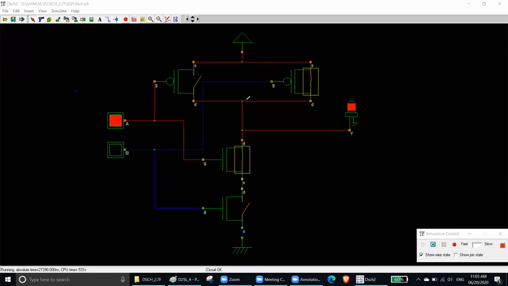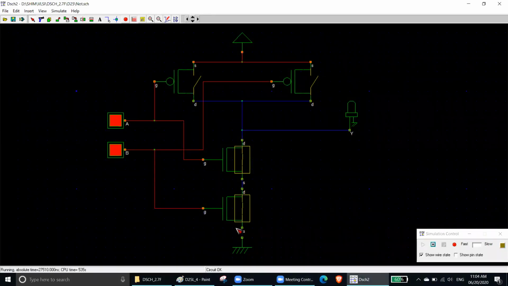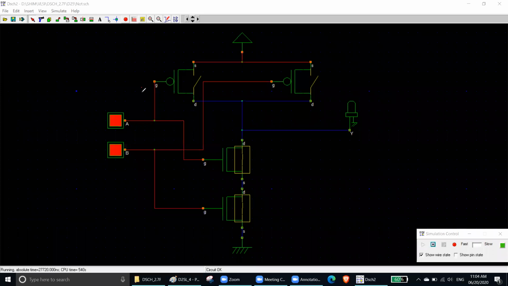So for the next part, both of the inputs will be 1. So this is 1, this is 1, this is 1, this is 1. So no current can come because this is off, this is off. If there is no current, obviously your LED is off. And one more logic: your LED has 2 grounds now.